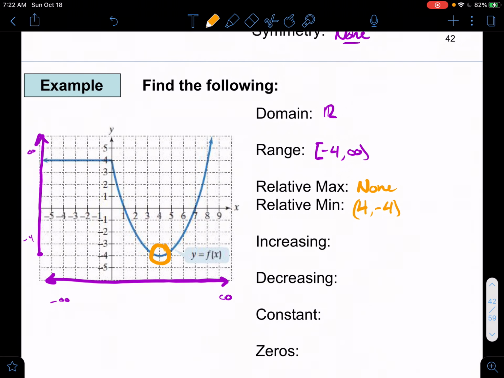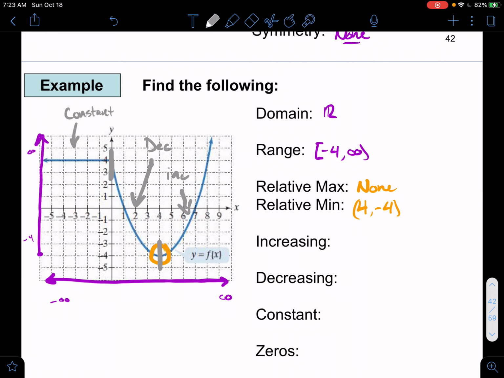Now, looking at where we are increasing or decreasing, you want to put your lines through your turning points. It appears that we are constant on this interval, we are decreasing on this interval, and we increase on this interval.